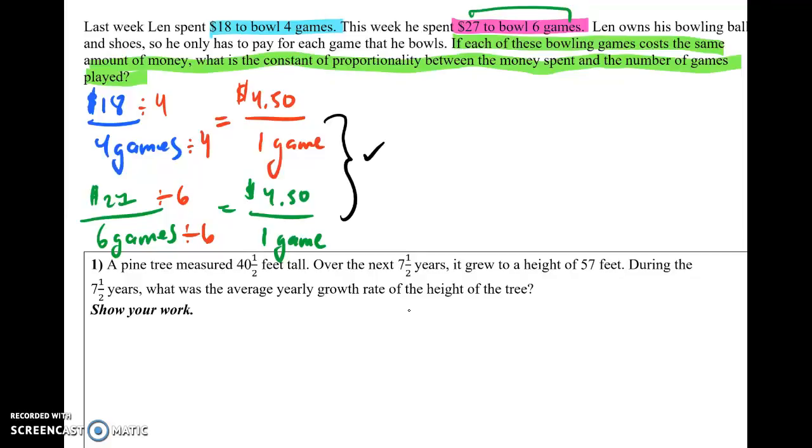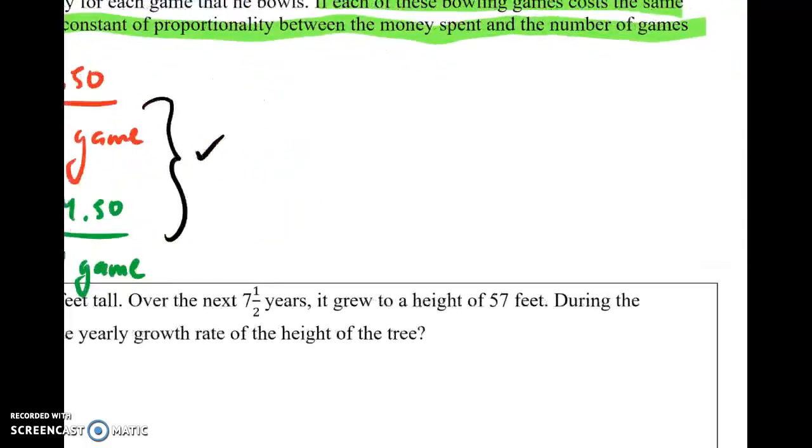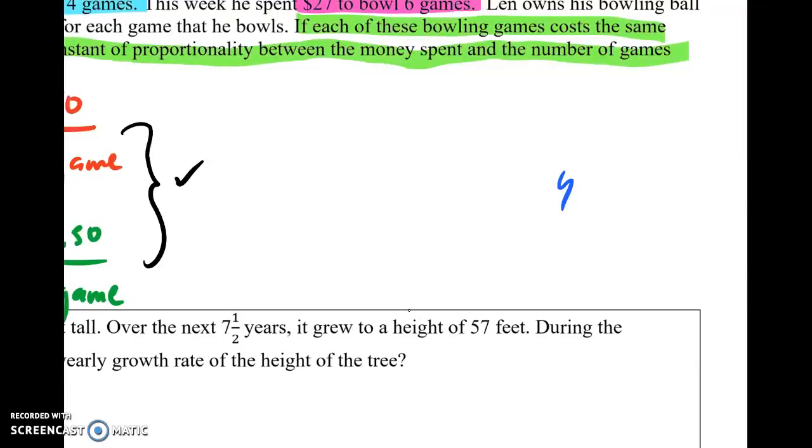Now we have to sum this up with a sentence. Remember RAP, or wrap: restate the question, answer the question, and prove the answer. I'm going to zoom in here just so I have a little bit more space.